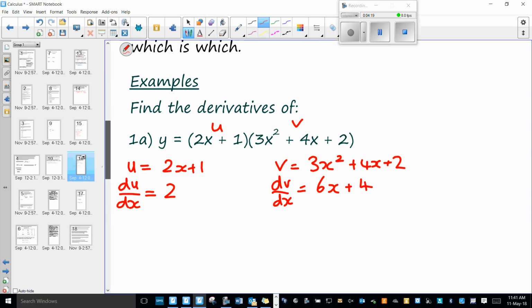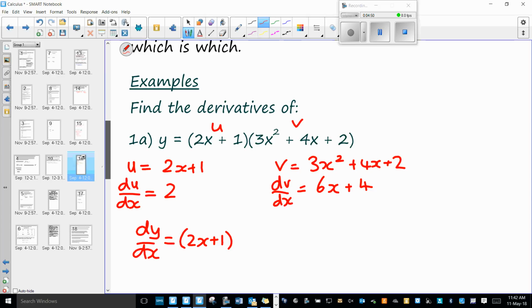Now, as I said, the order doesn't matter. Okay, so if you switch them round, it really is not important. So dy dx is equal to, excuse me, do they put v first? I can't remember. We may as well follow their formula. U first? Okay, so u, I'm going to keep it in a bracket. I've got 2x plus 1. And then they multiply that by dv dx, yes?